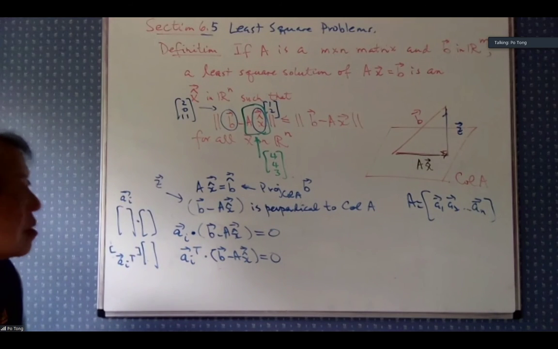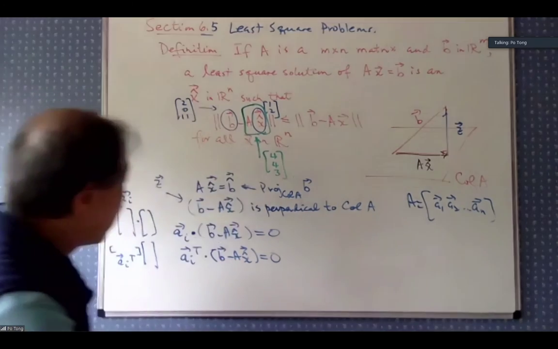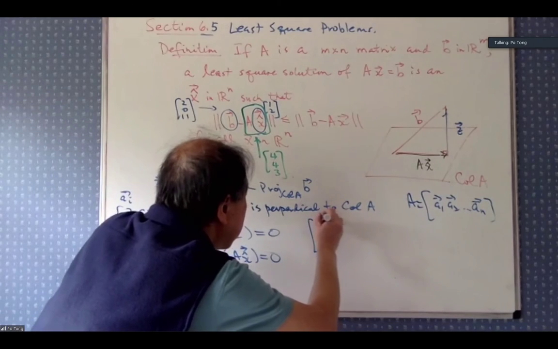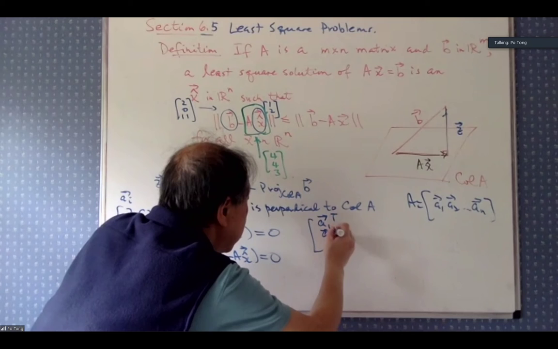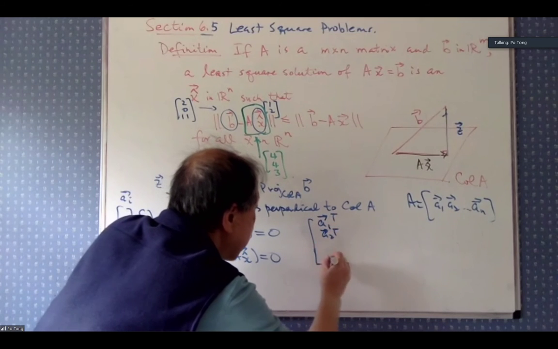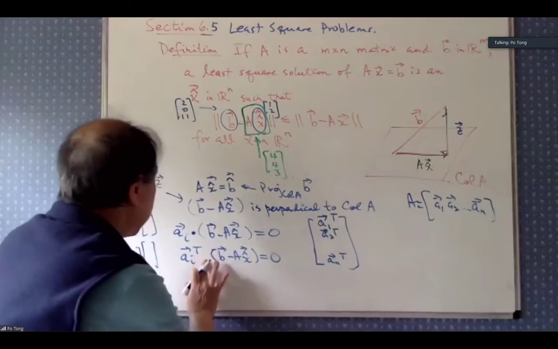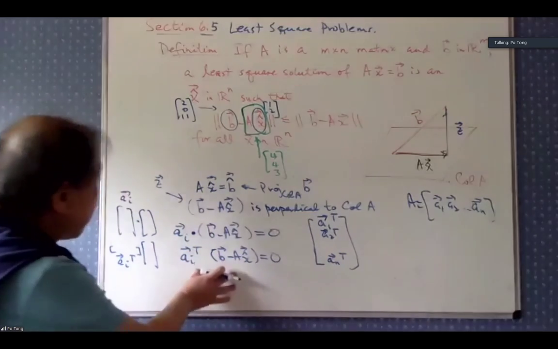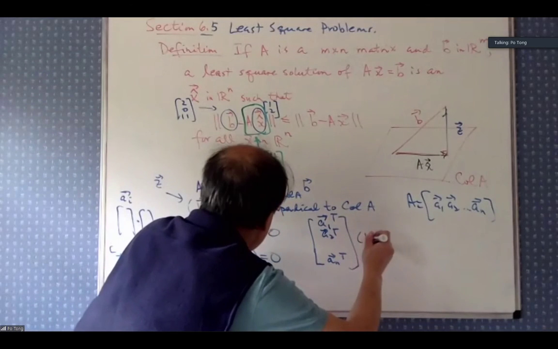Next, what we are going to do is write it like this. But this is true for all i, for all the columns. So I can write it like this: A1 transpose, A2 transpose, all the way down to An transpose. This is no dot here. This is a matrix multiplication. I'm writing all n of these matrix multiplications in one shot.